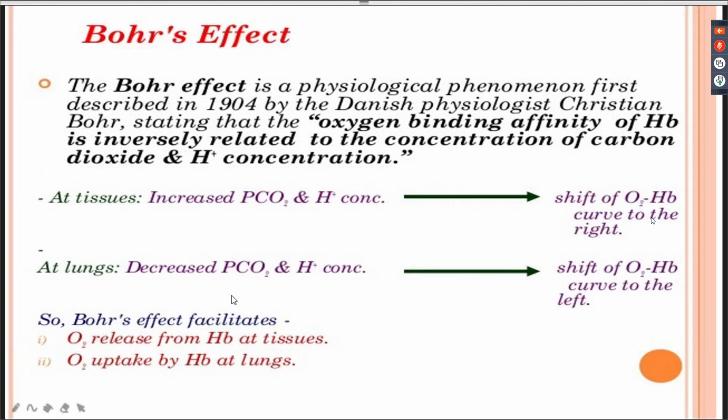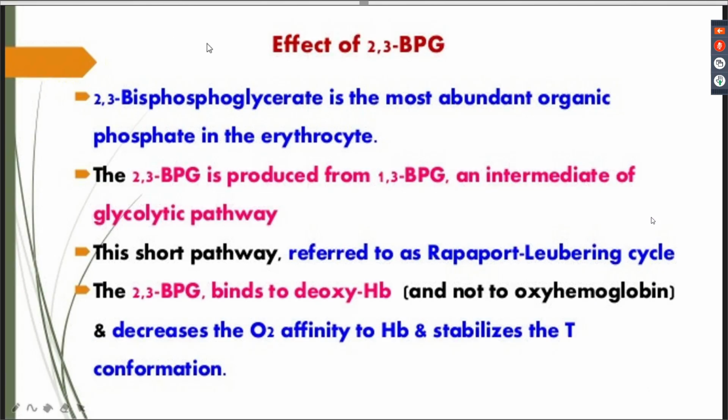And at the lungs, where there is decreased PCO2 and H plus concentration, there is more binding of oxygen to the hemoglobin and the curve shifts to the left. So Bohr effect facilitates the oxygen release from hemoglobin at the tissues and oxygen uptake by hemoglobin at the lungs.